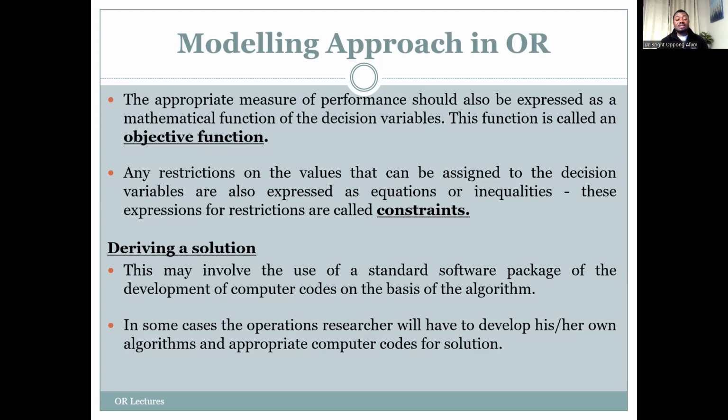Then the restrictions that the decision variables are subjected to, or even the objective function is subjected to, we also express as equations or inequalities, and we call these restrictions constraints.